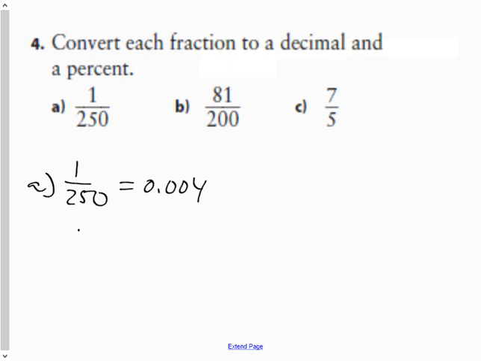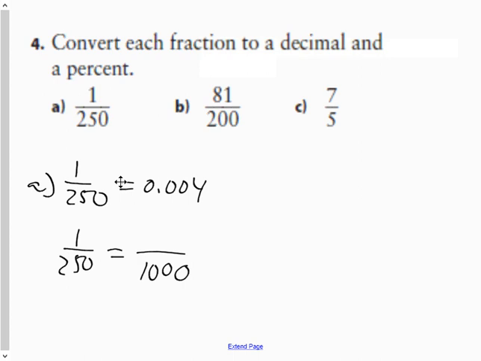Alternatively, and I'm going to show both ways, if you can come up with an equivalent fraction that has a denominator of 10 or 100 or 1,000 or 10,000 or 100,000, any base 10 denominator, you can read that fraction as it's written and translate it directly to a decimal.